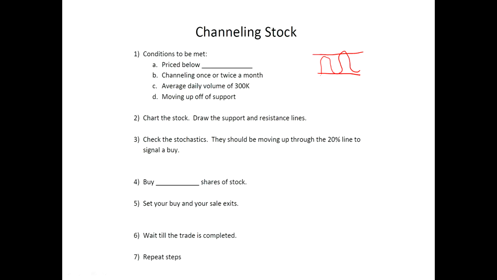The only thing that we haven't really talked about yet is number 3: check the stochastics, and I'm going to go into what stochastics are later on in the class. As you see, I just read it off. It says they should be moving up through the 20% line to signal a buy, and I'll show you what that is later on in this class.